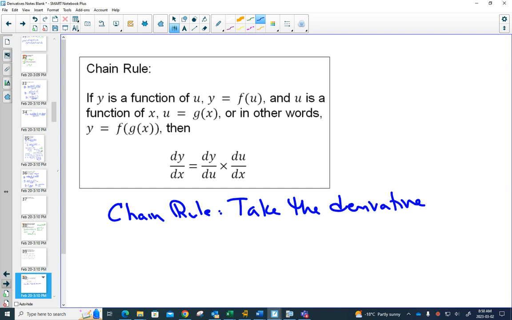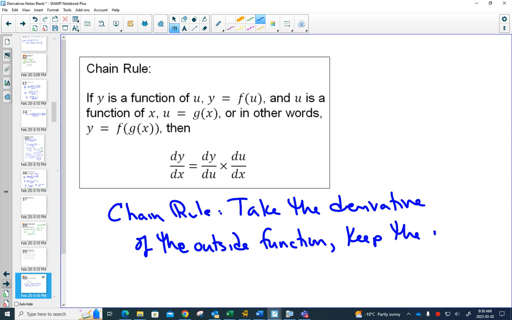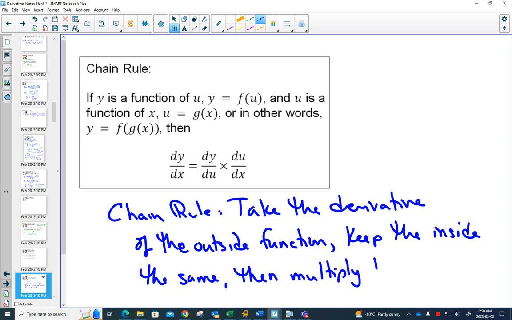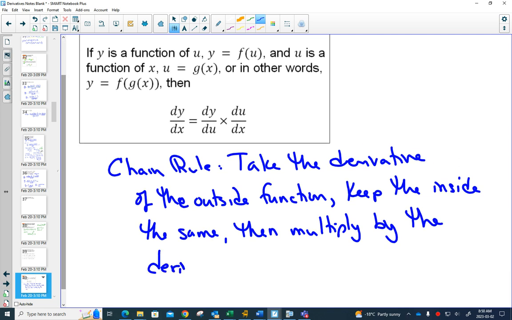Take the derivative of the outside function, keep the inside the same, then multiply by the derivative of the inside function.